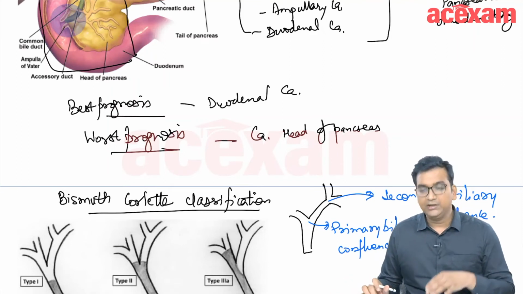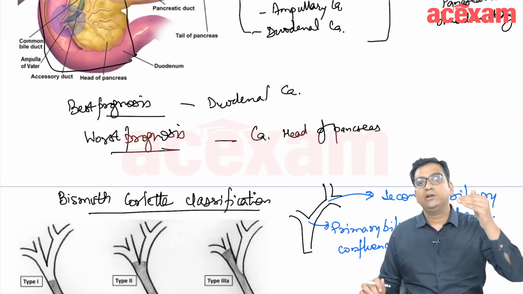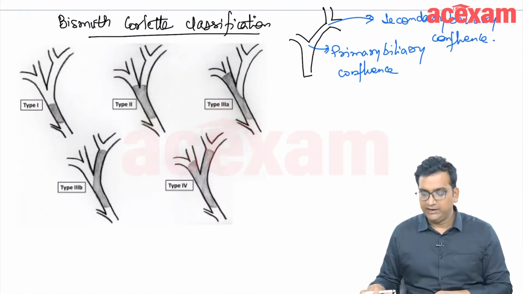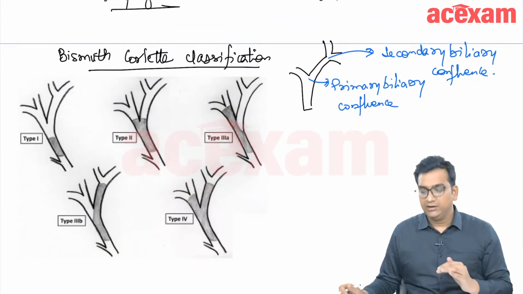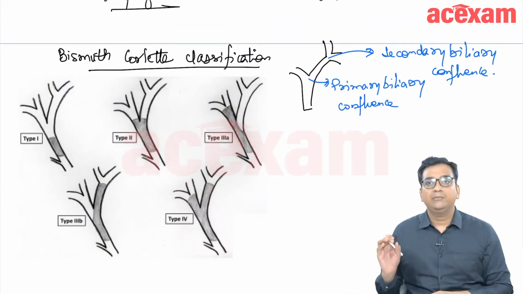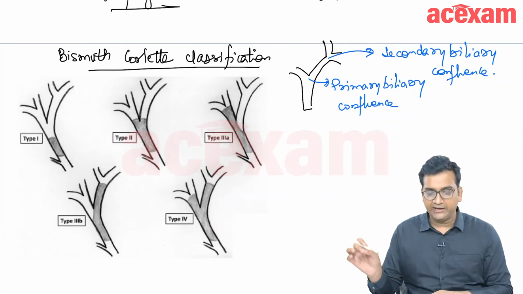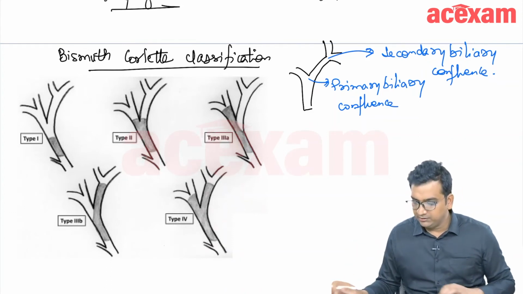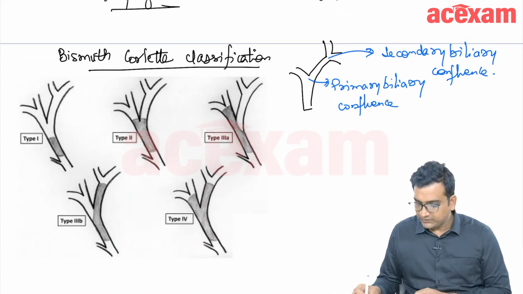Okay, now in the cholangiocarcinomas, for proximal cholangiocarcinomas, we have a classification which is the Bismuth Corlette classification. To understand it, it is important to understand what is a primary biliary confluence and a secondary biliary confluence. As in this diagram, there is a left hepatic duct and a right hepatic duct joining to form a common hepatic duct.